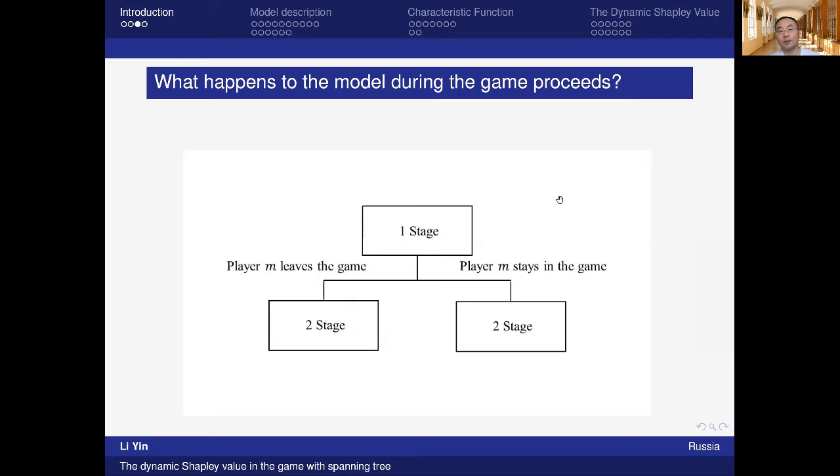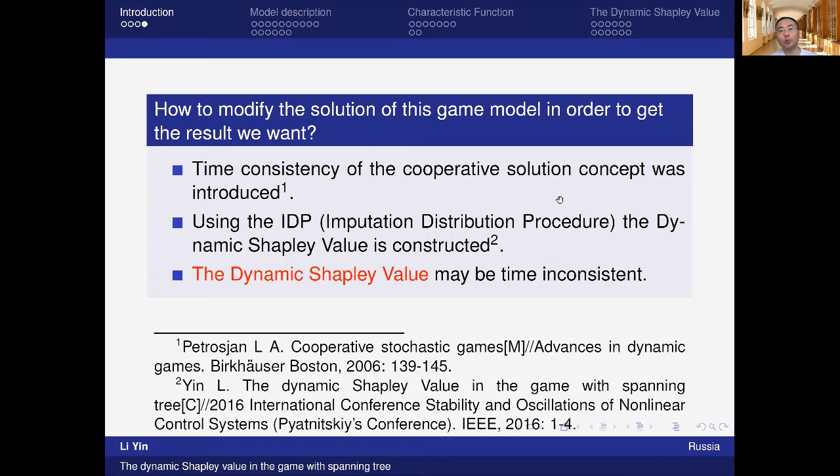So what happens to the model during the game process? After the first stage, player M may stay in the game, or maybe leave the game. And how to modify the solution of this game? At first, the solution is based on the concept from my supervisor, Peter Xiang, in 2006, about the time consistency of cooperative solution concepts.